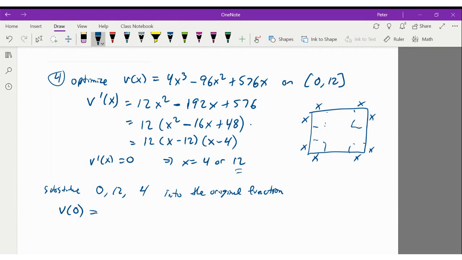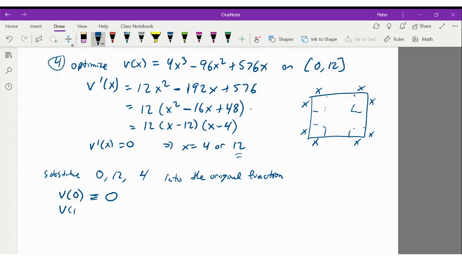You could get that by substituting in 0, but geometrically it should be clear. For V of 12, we could calculate 4 times 12 cubed minus 96 times 12 squared, etc. But if I choose x equals 12, recall this was 24, this comes in by 12, this comes in by 12, and we have no material left. So we'd end up with a box that has 0 volume.